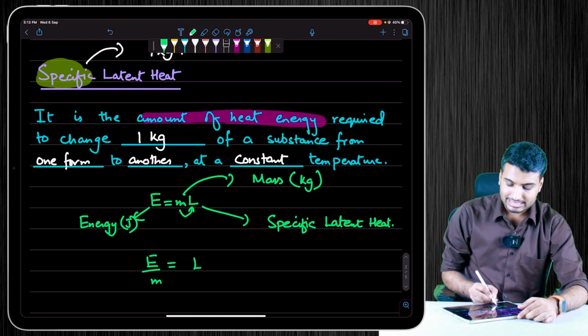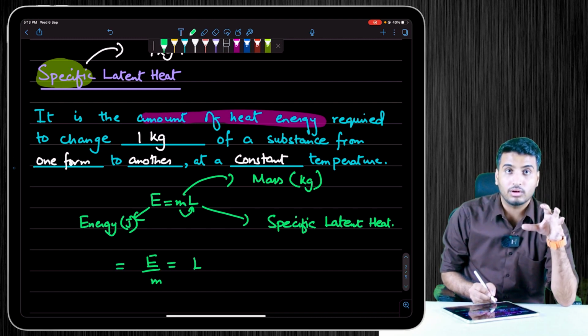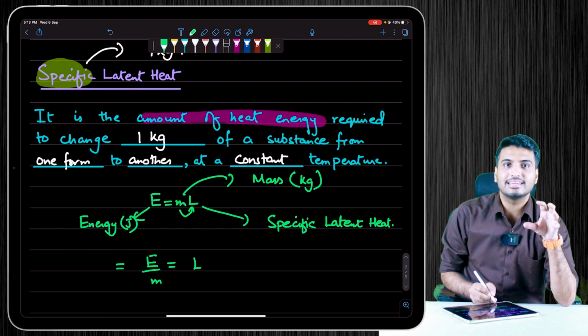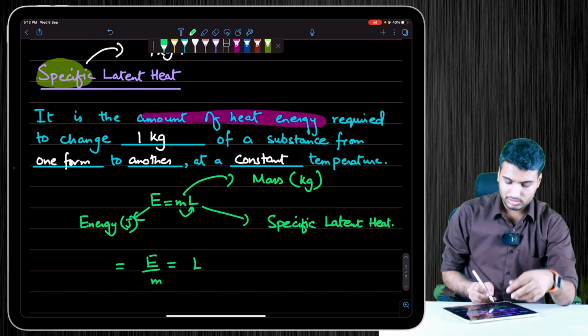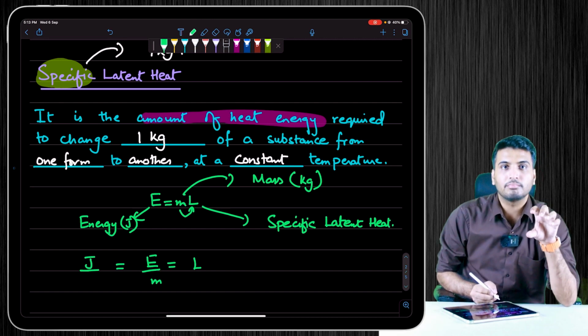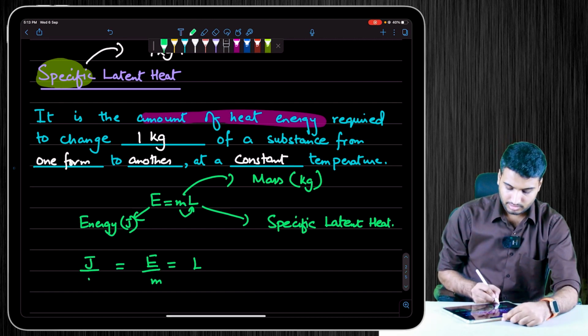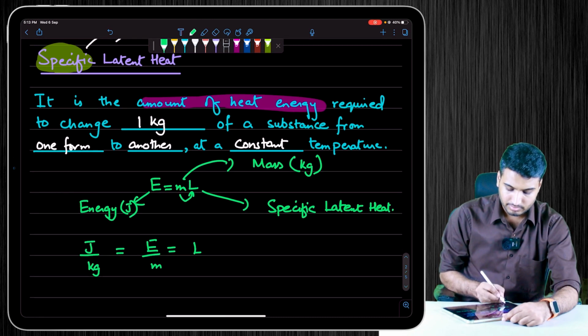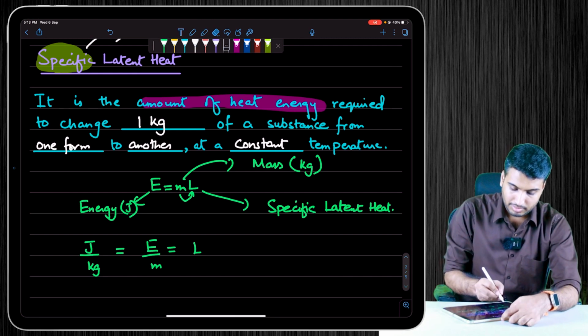Alright, what would be the SI unit? Energy is measured in joules, whereas mass is measured in kgs. So the SI unit for specific latent heat would be joule per kg.